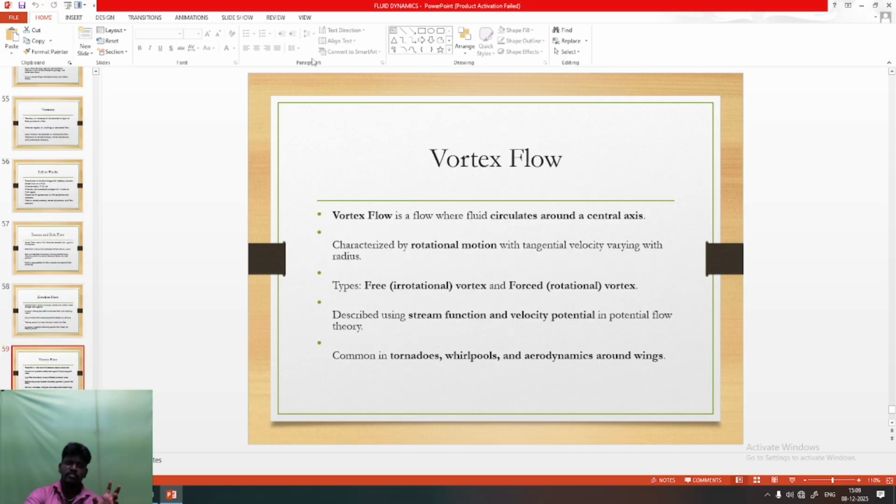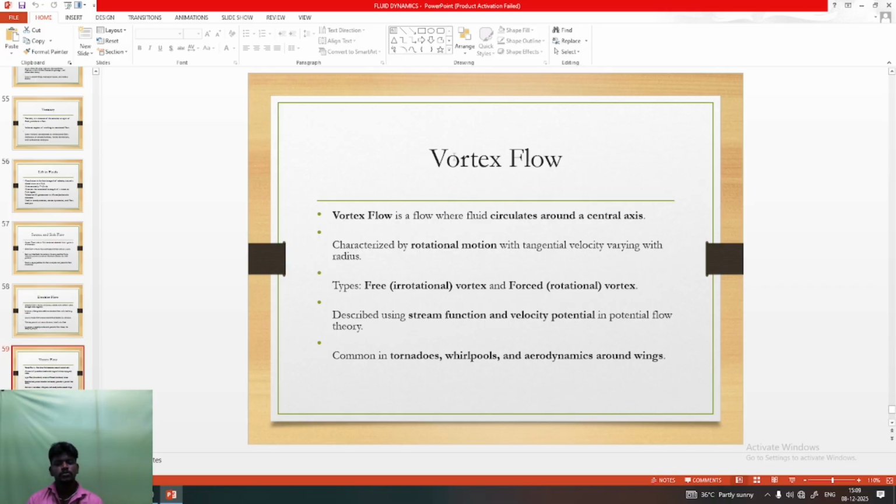Then the final one, vortex flow. The vortex flow is a flow where the fluid circulates around a central axis, characterized by rotational motion with tangential velocity varying across the radius. The types are free vortex, which means irrotational flow, and forced vortex, which is rotational flow.